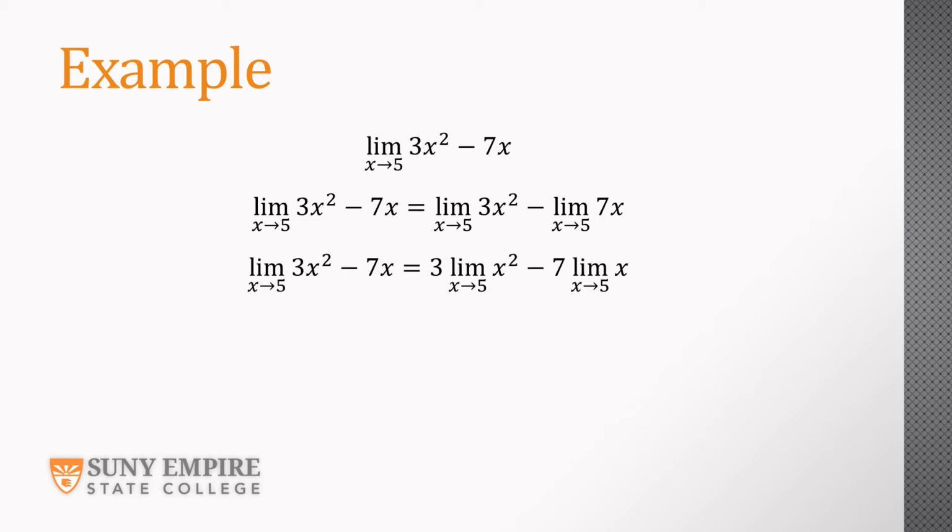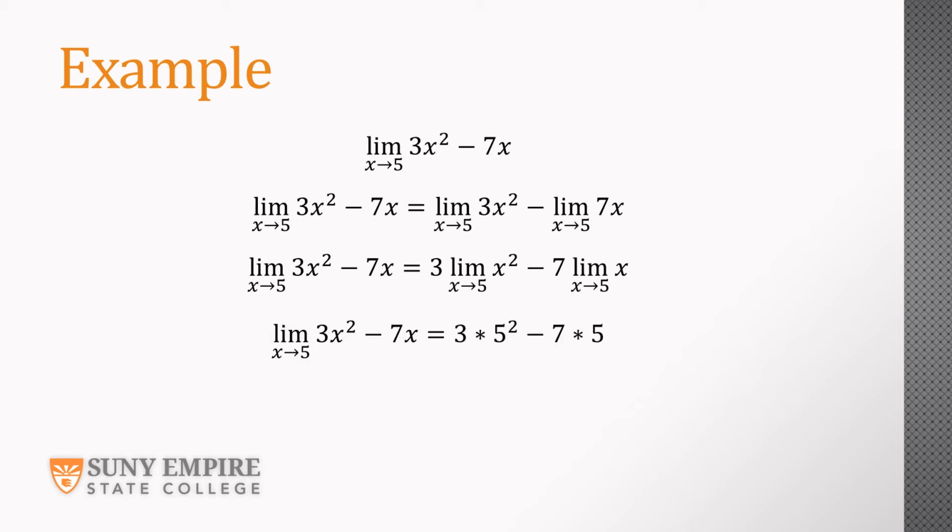Next, we realize that we have constants multiplied by functions. We have 3 multiplied by x squared and 7 multiplied by x. These constants can be moved in front of the limits. We have 3 multiplied by the limit as x approaches 5 of x squared minus 7 multiplied by the limit as x approaches 5 of x.